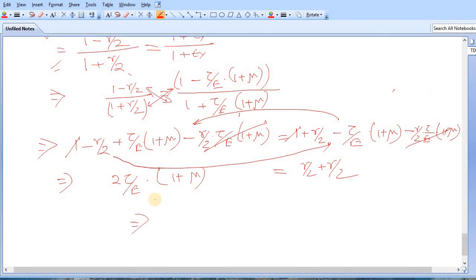So simply we are getting 2 tau by E into 1 plus mu is equal to gamma.